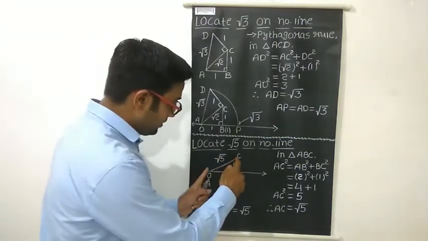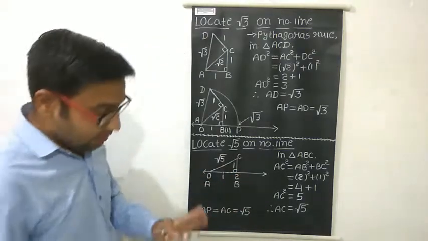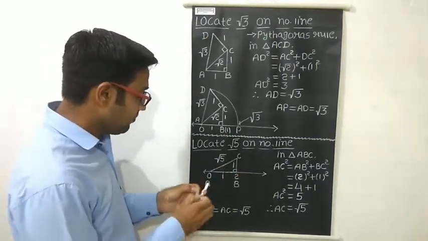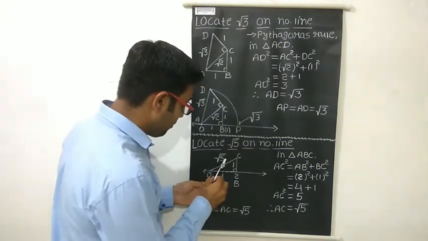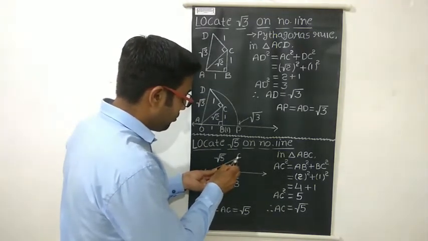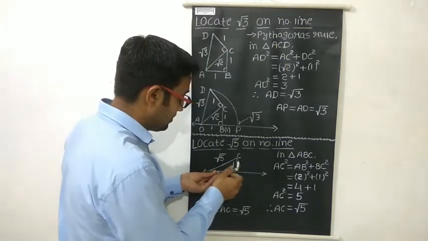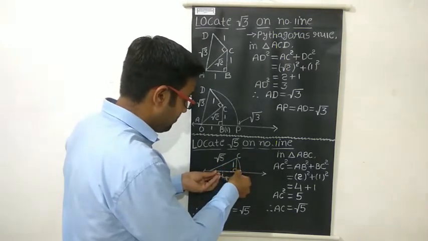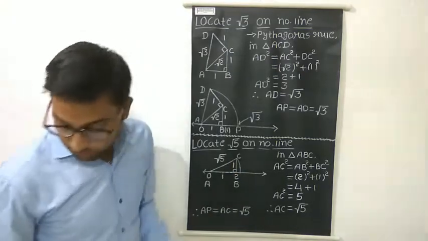To represent this on the number line, again we will use the compass, right? Point it on 0 or A, take the distance up to C and draw an arc up to this point.